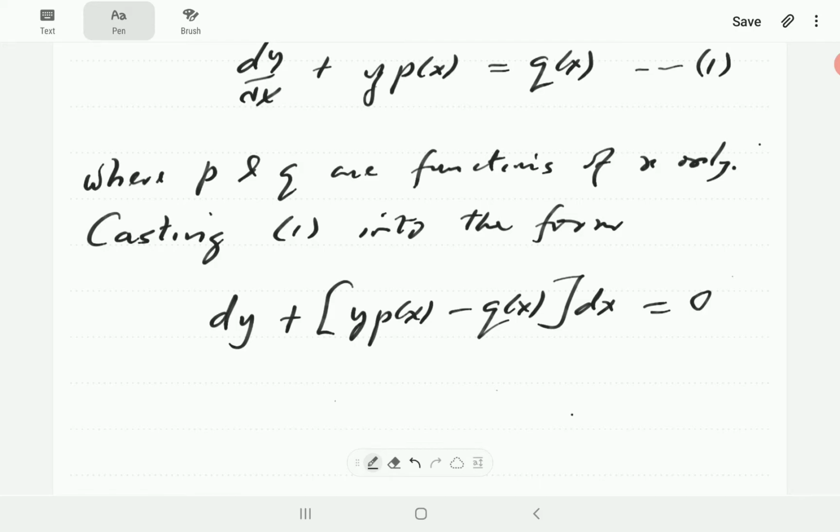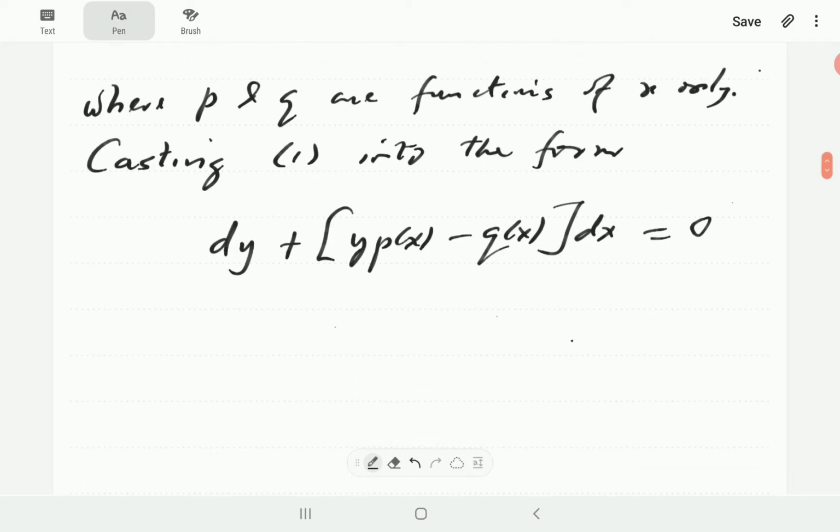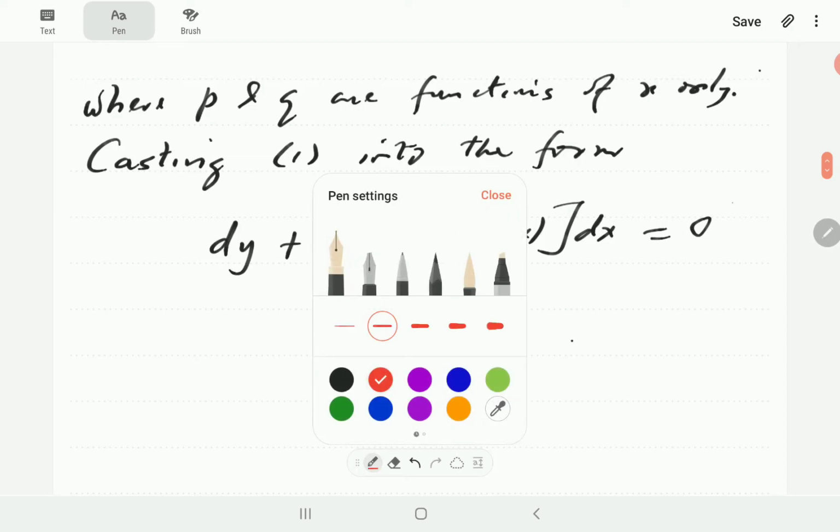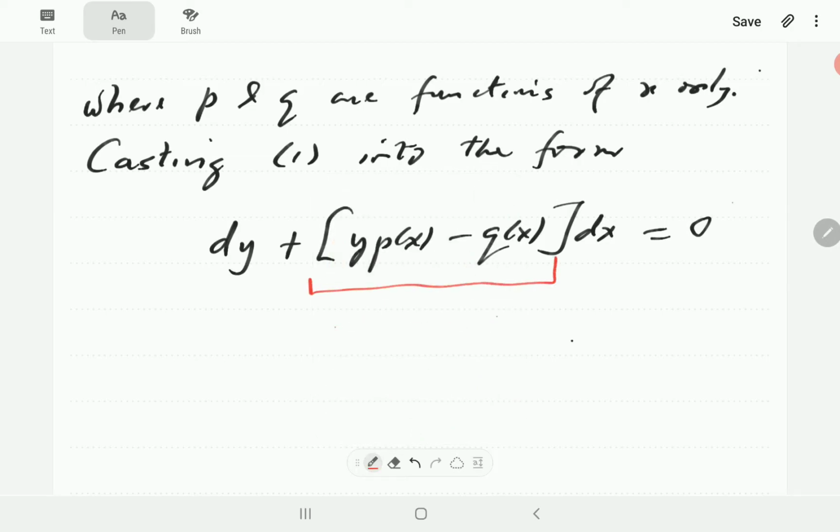Okay, so if we write it in this form, this is going to be our M, which means our N is 1 here.